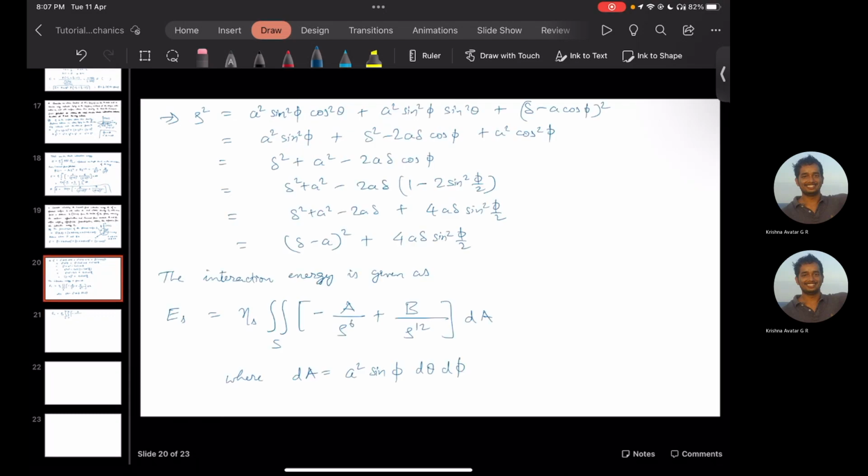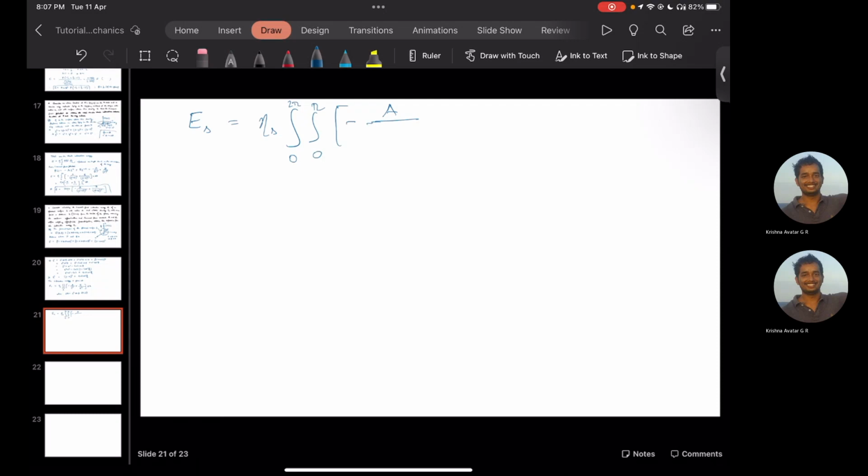Now you must note that both del and a are constants, so rho is a function of phi. So I'll denote it as rho as a function of phi to the power 6 plus b rho as a function of phi to the power, and then we'll have a squared sine phi d theta d phi.